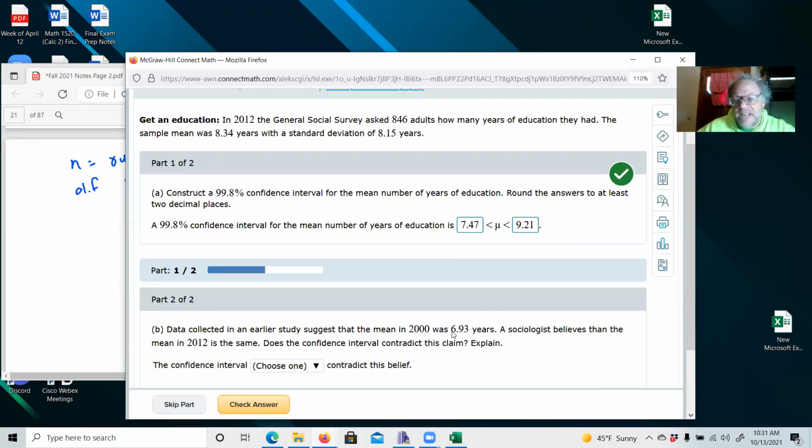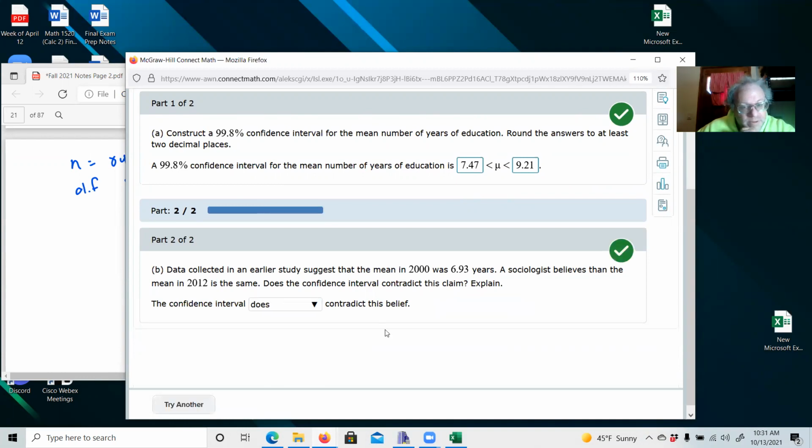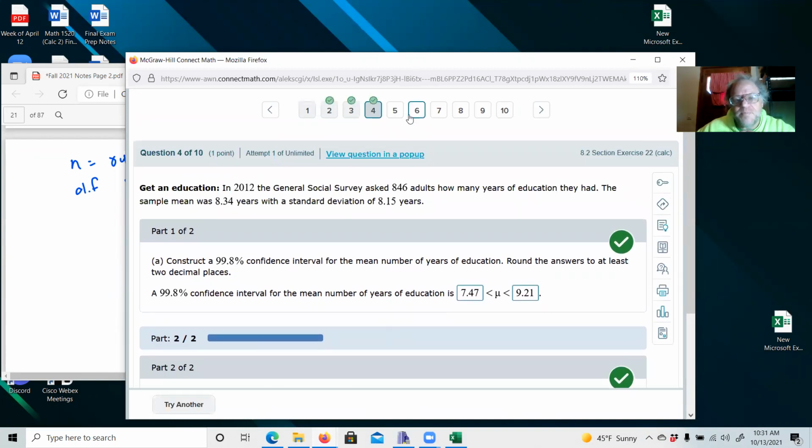The amount of education we've had has gone up from 2000 to 2012. Because the 6.93 is outside of my interval, I'm like, could you bring your study? Could you cite something? Let me know. So the confidence interval does contradict the belief. Okay. So there we go.